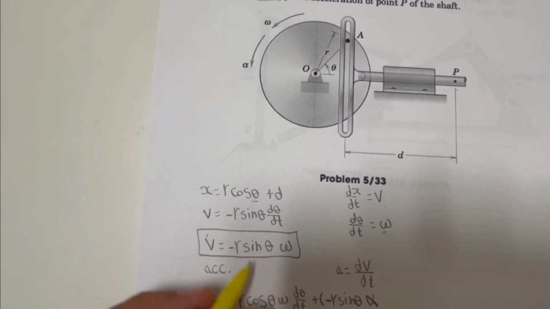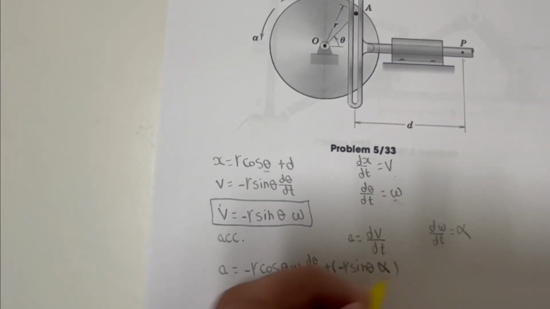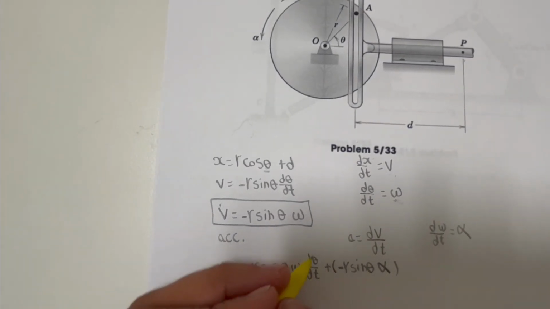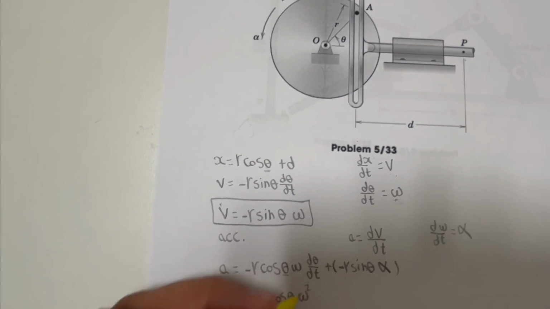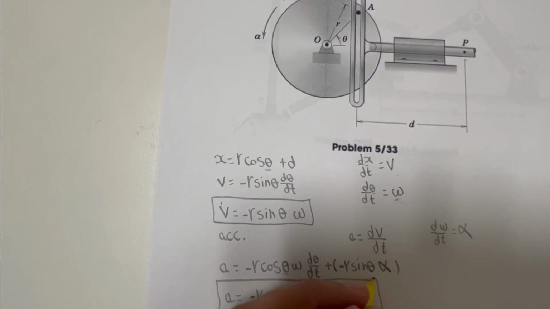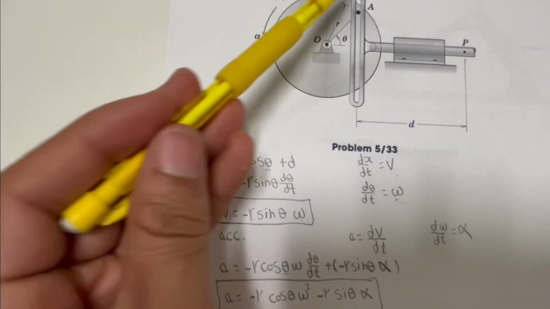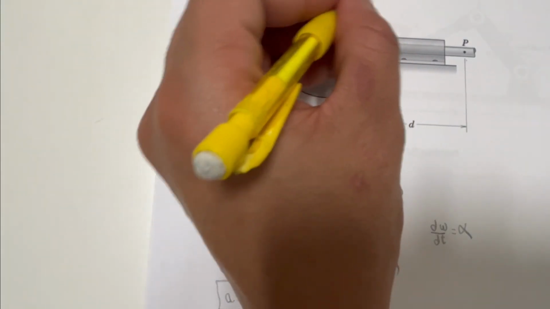It's the differentiation of omega over dt, which equals alpha. And we know d theta/dt is omega, so a equals negative r cosine theta omega squared minus r sine theta alpha. Right, so now we have the two things that it wants us to find, the velocity and the acceleration.